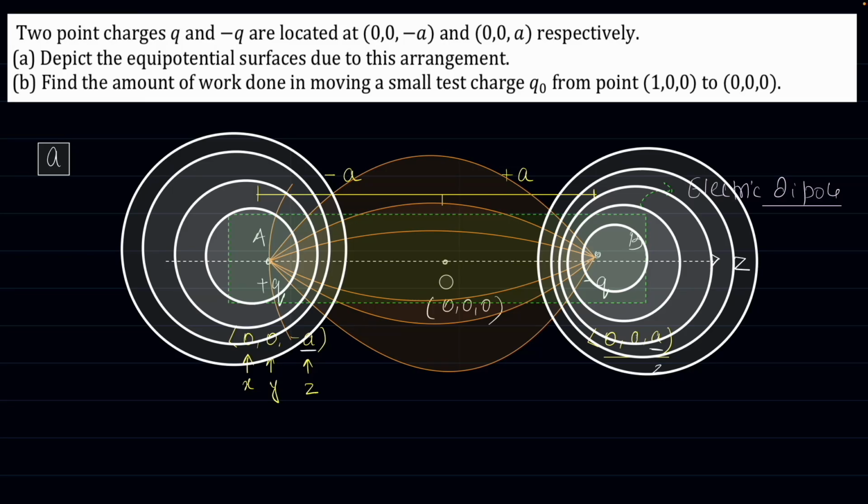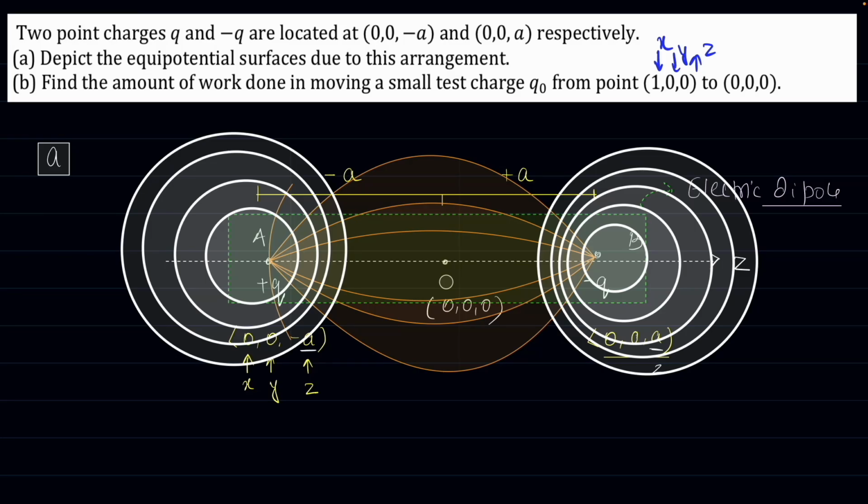Now in the second part, we have to find the work done when we move a small test charge Q0 from the point (1, 0, 0) to (0, 0, 0). Here the 1 represents the x-axis, and this is y and this is z. So the test charge is moving from one unit on the x-axis to the center.